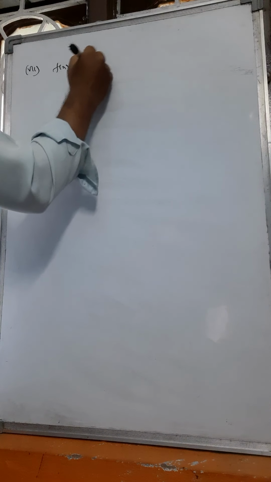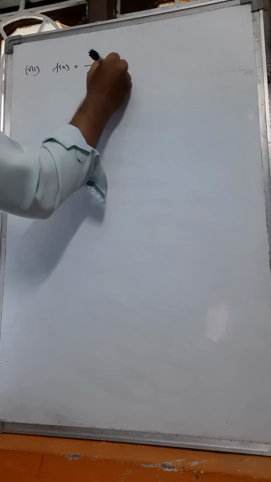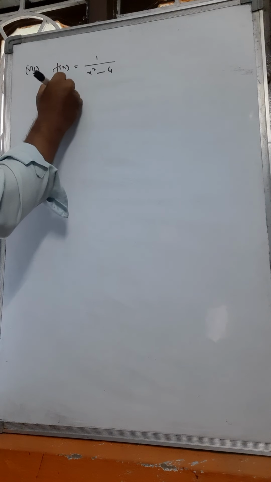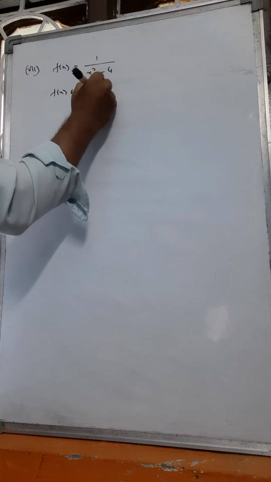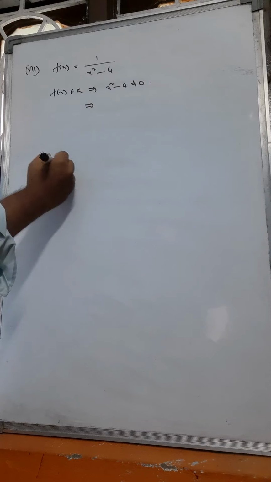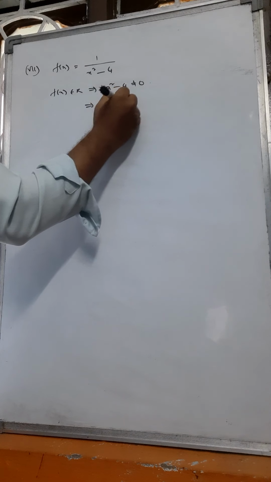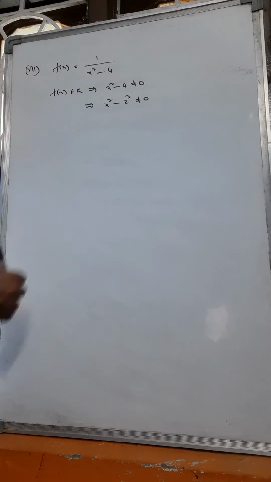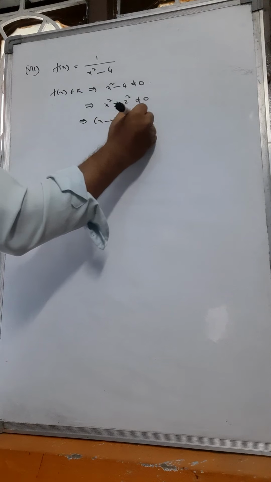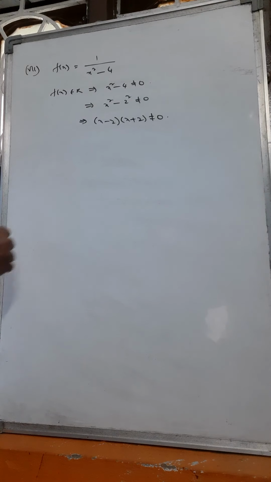Next problem, 7th. F of x is equal to 1 by x square minus 4. So for f of x to belong to R, x square minus 4 is not equal to 0. We can write x square minus 4 as x square minus 2 square, which is not equal to 0. So that means (x minus 2) into (x plus 2) is not equal to 0.